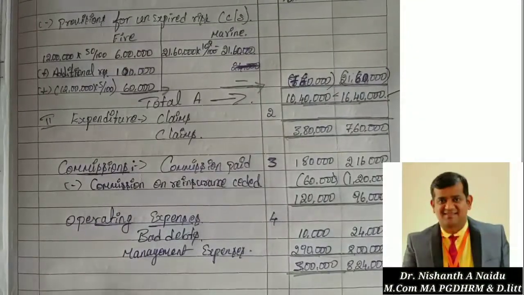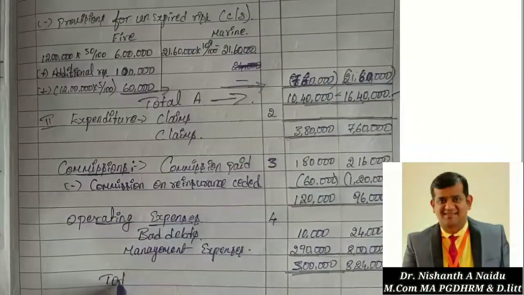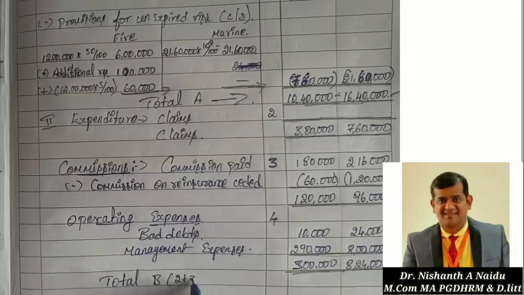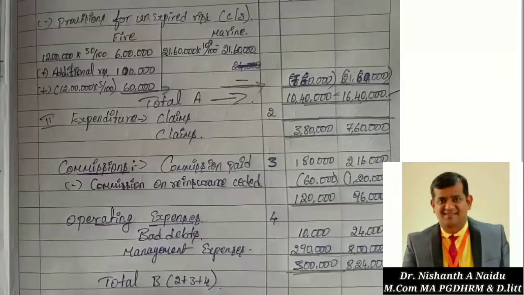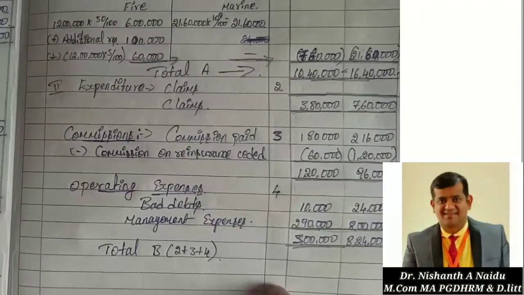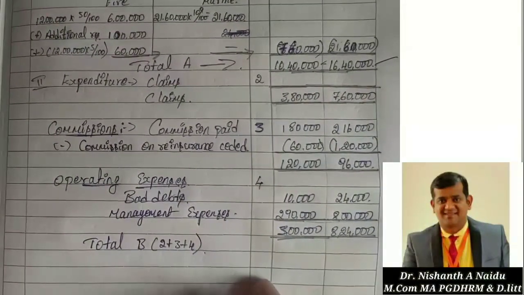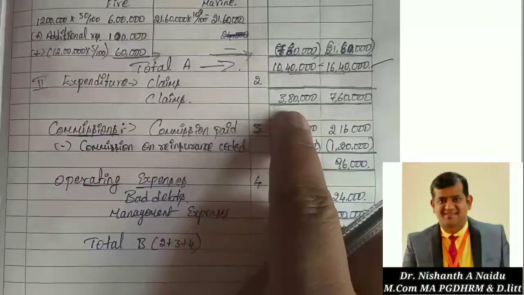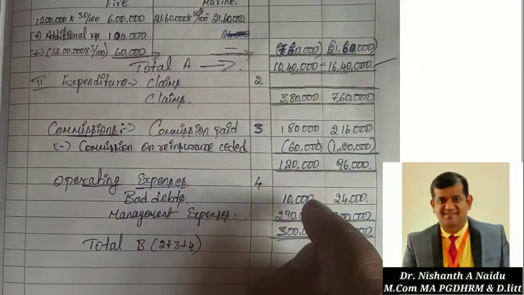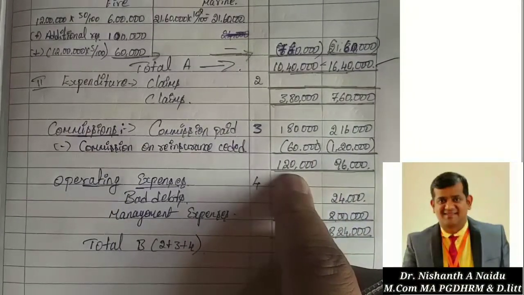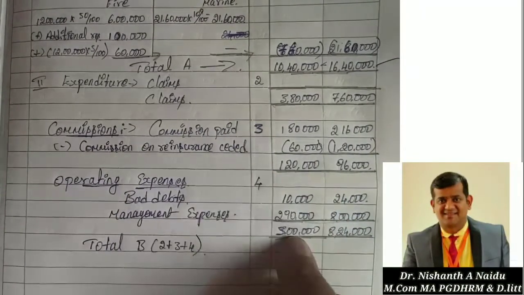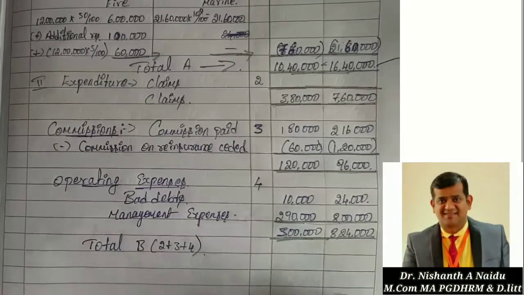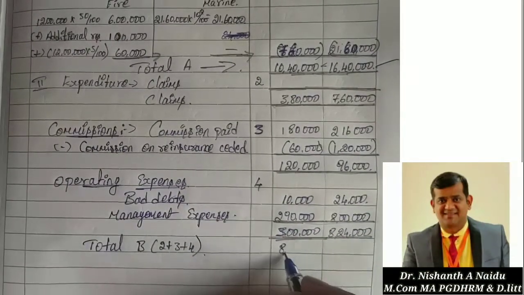Now total B we have to find, that is 2 plus 3 plus 4. Take the calculator and check. 3,80,000 plus 1,20,000 plus 3 lakh. 8 lakh rupees I am getting.